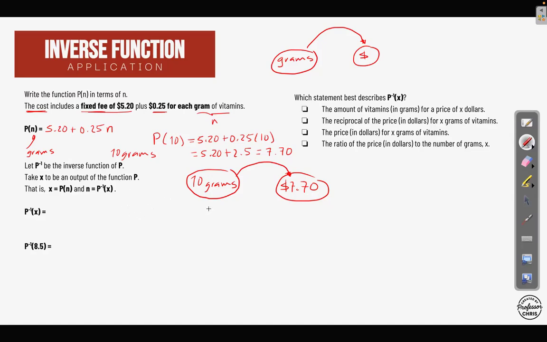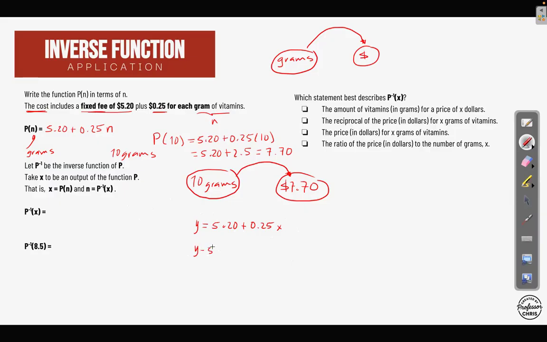Now, what is the deal with the inverse function? Well, let's start with the basic, converting from one to the other. And I'm going to rewrite it in terms of x and y. Y is equal to 5.20 plus 0.25n. Sorry, instead of n, I'll be using x. And I'll be solving for x.